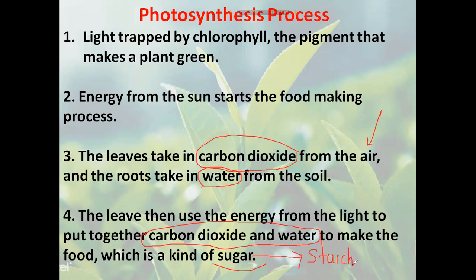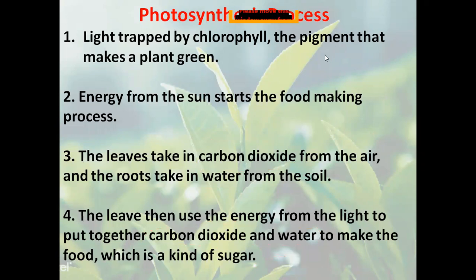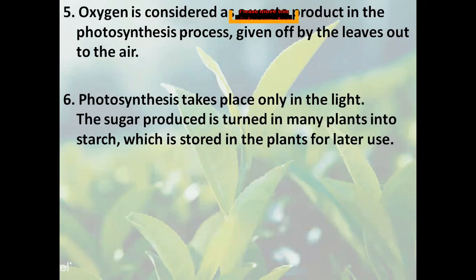So here, if you want to know if it's doing photosynthesis, we use the iodine test to detect the presence of starch. Oxygen, as we said before, is considered a product. The plant will give us oxygen in photosynthesis.